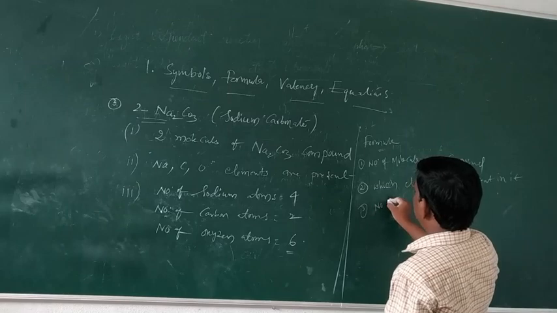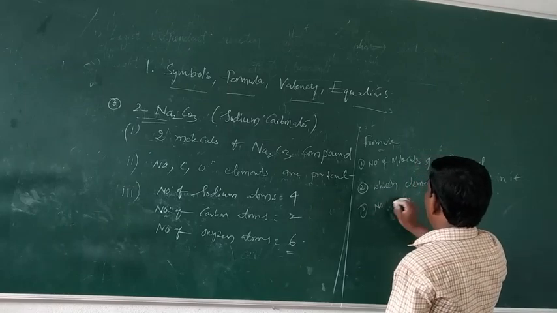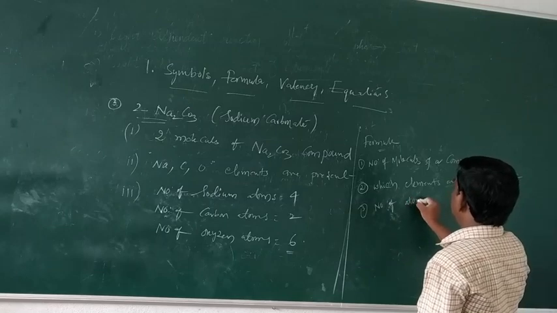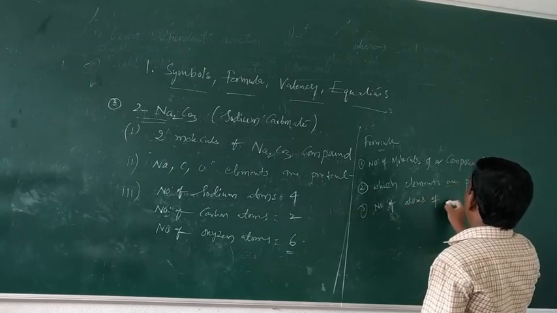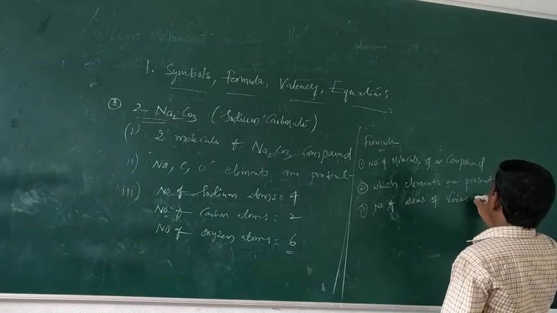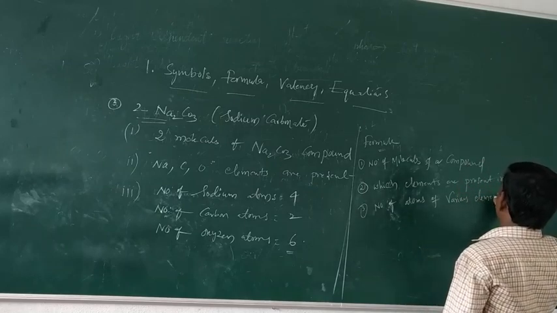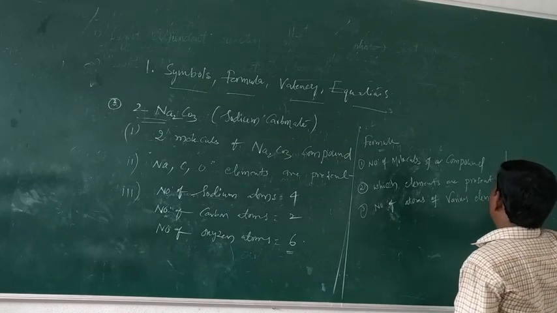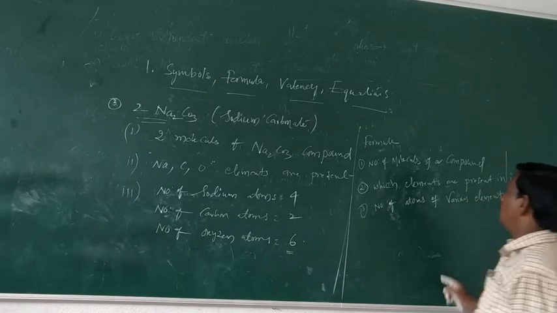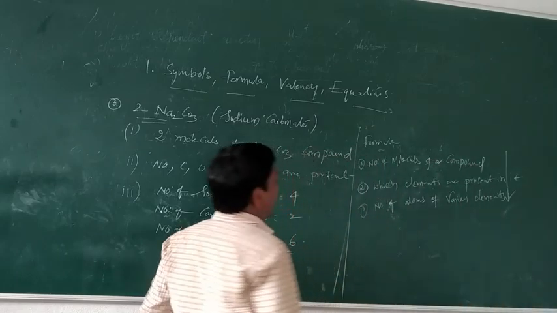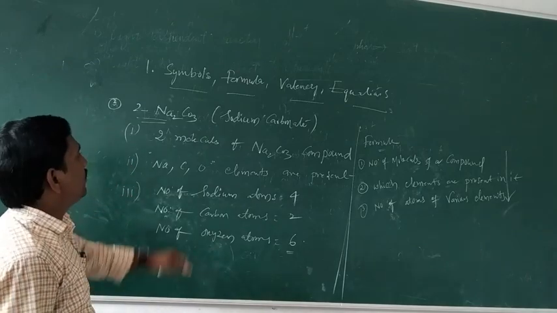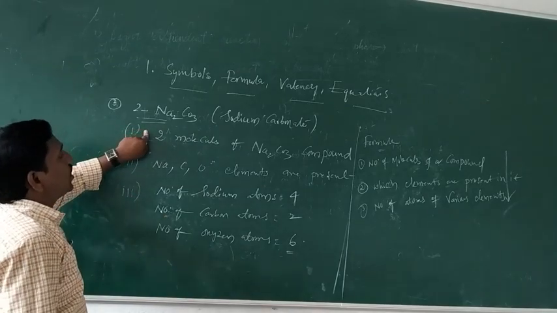Number of atoms of various elements. So these are the main 3 points: number of molecules of a compound, which elements are present in a compound, and number of atoms of various elements present in the compound.